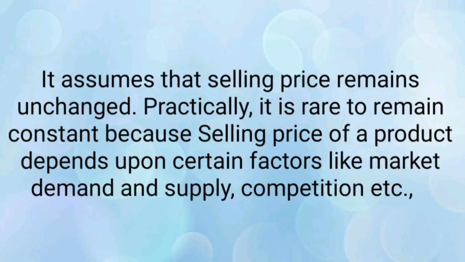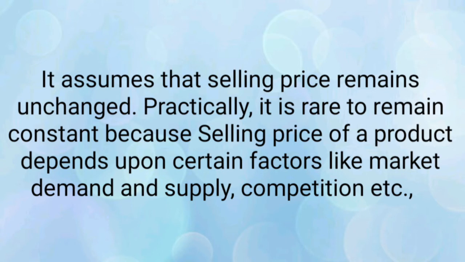So next is that it assumes that selling price remains unchanged, but practically it is rare to remain constant. As we all know, the selling price mainly depends on the demand, right? So market demand or supply or competition, raw materials and all other external factors, right?